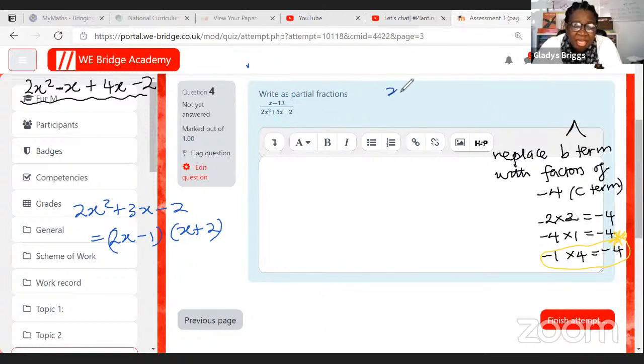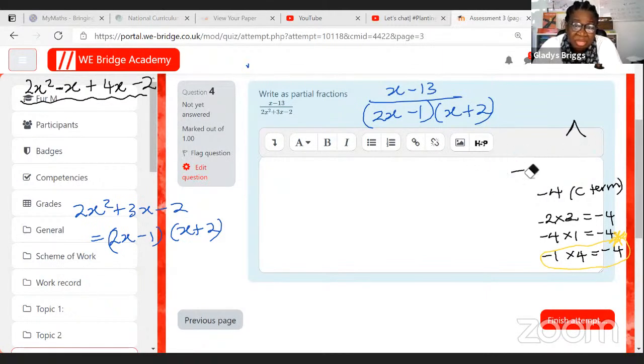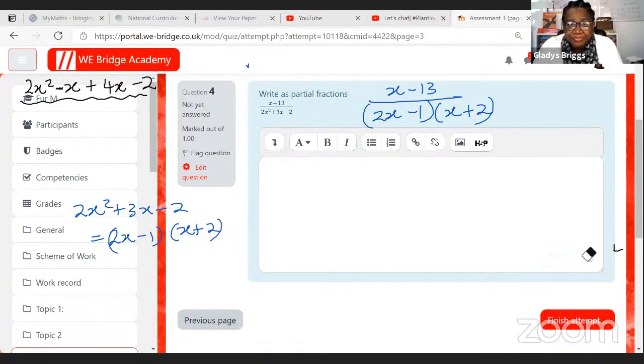It's going to be x minus 13 over 2x minus 1 and x plus 2. So you don't have to do that step because that's going to waste your time in the exams. Okay. So let's go to the actual splitting it up as partial fractions. Give me a second, guys.